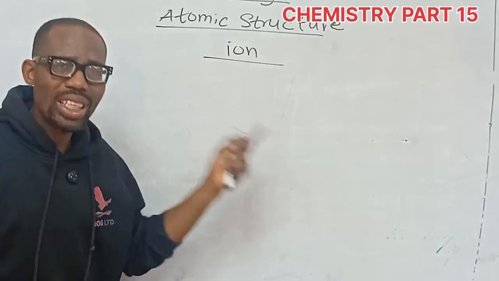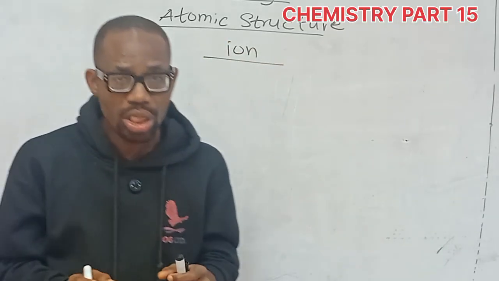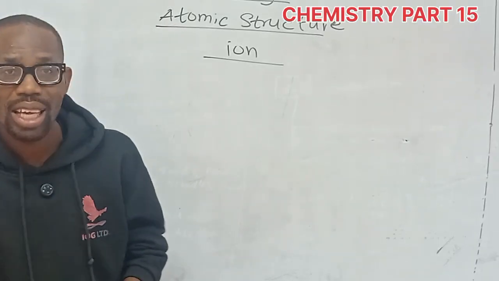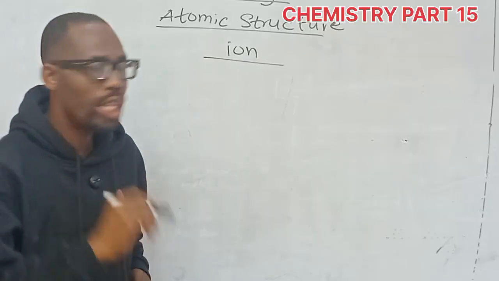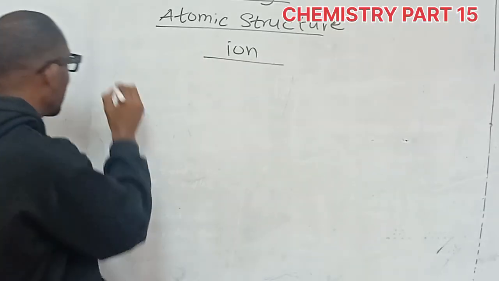Ion. What are ions? I told you in this video as I started, I said that atoms, when they gain or lose electron, they become what? An ion. So what are ions? Number one, take note.